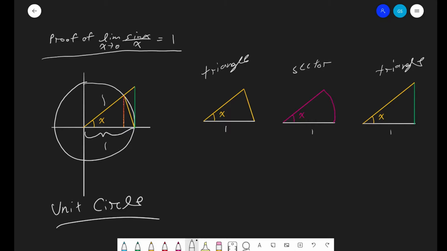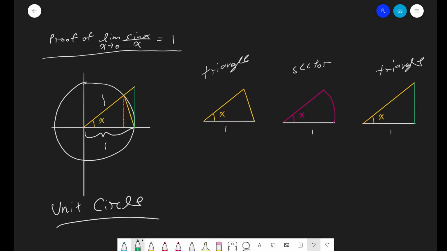This small triangle is this whole thing. For the sector, it's touching this white line, as you can see. And lastly, here's the big triangle.